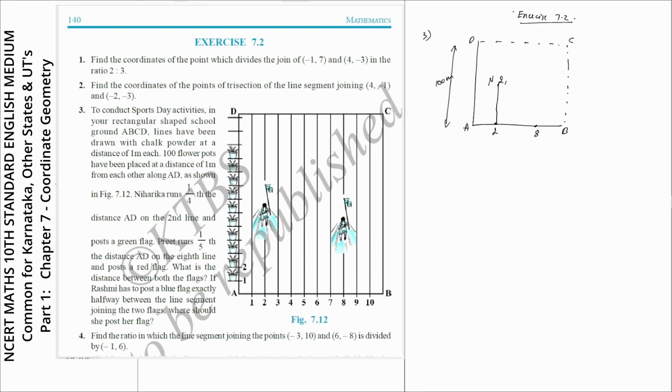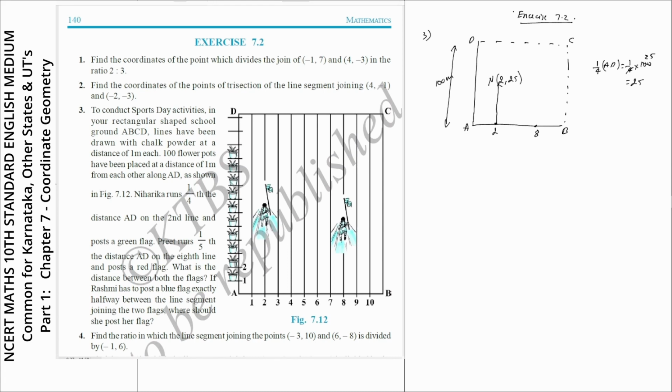It is 2 comma, so 1/4 of AD is 1 by 4 into AD, which is 100. So 4 ones are 4, 4 twos are 8, 4 fives are 20. So 1 into 25 is 25. So she is covering 25 meters of distance. So coordinate of Niharika is 2 comma 25.